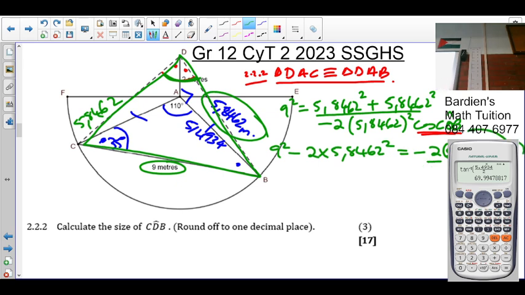So I divide both sides by that factor, which is negative 2 times 5,8462 squared.